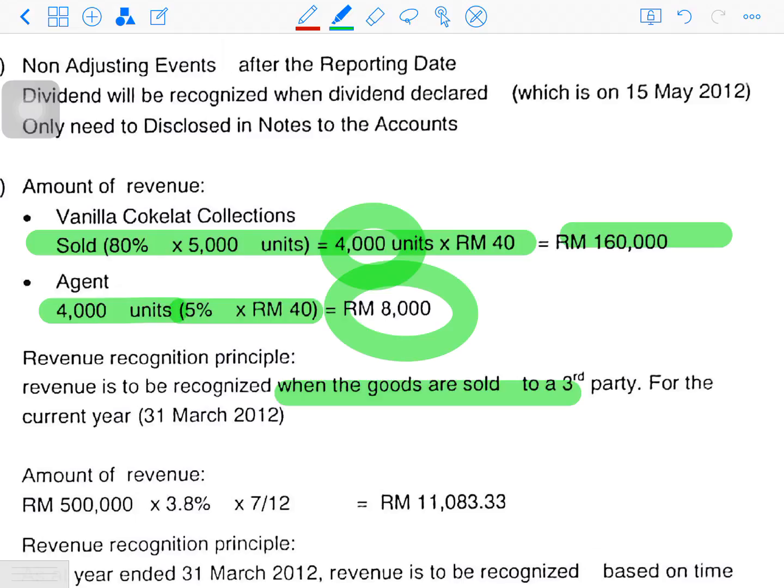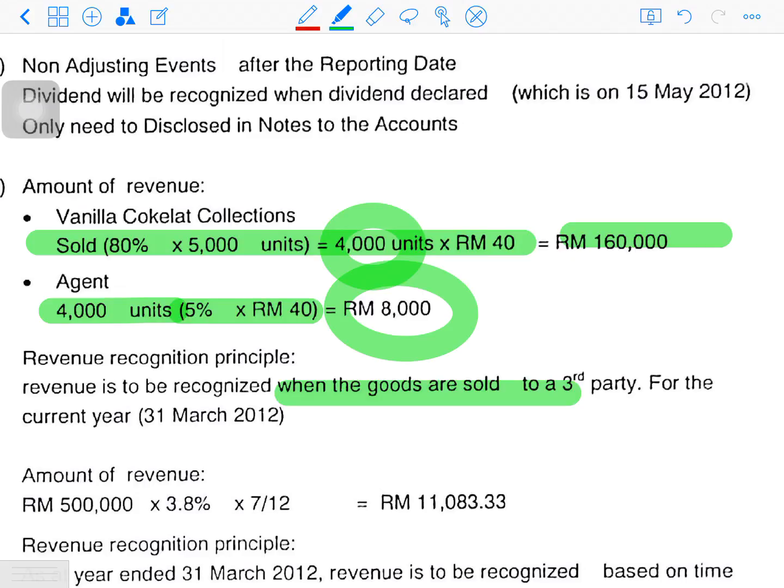Kiranya kalau revenue tu just revenue saja. Sebab kita dah ada statement of comprehensive income tu, kita ada atas sekali sales revenue kan. Bawah tu baru ada commission expense. Jadi revenue untuk vanilla chocolate ni is 160 sebelum tolak yang ni. Yang ni akan ditolak bawah dalam expenses.